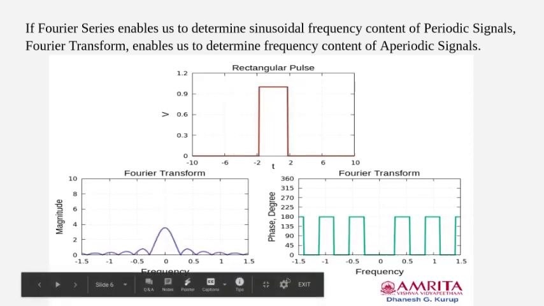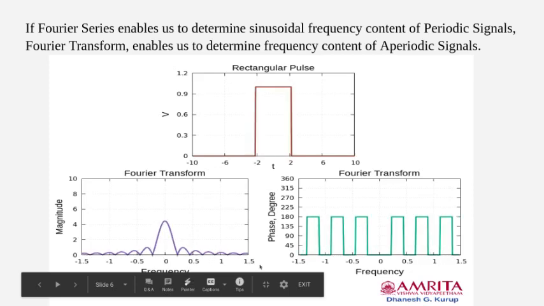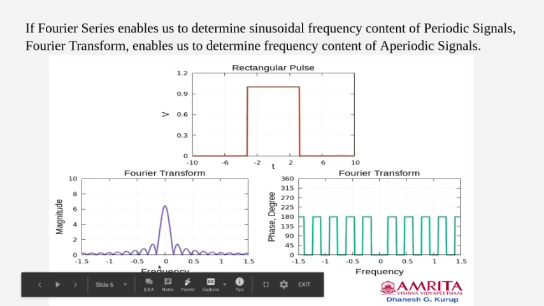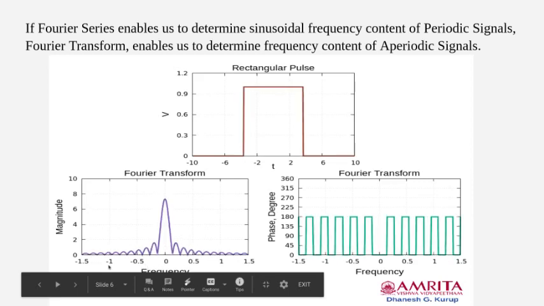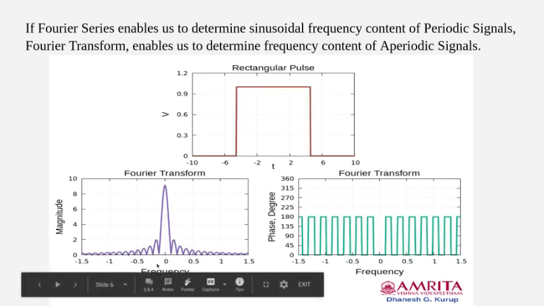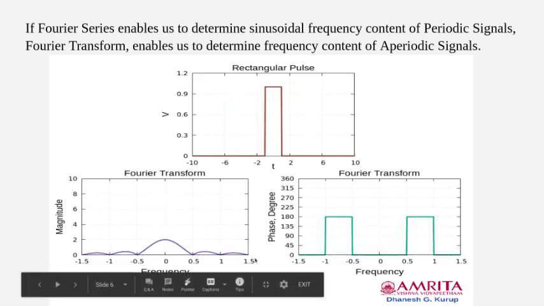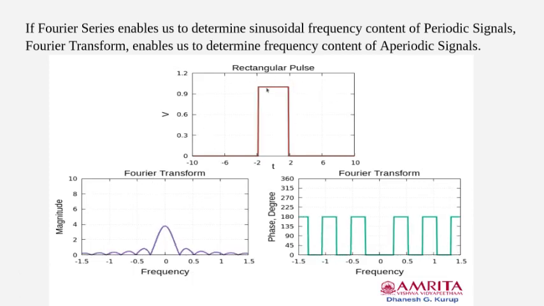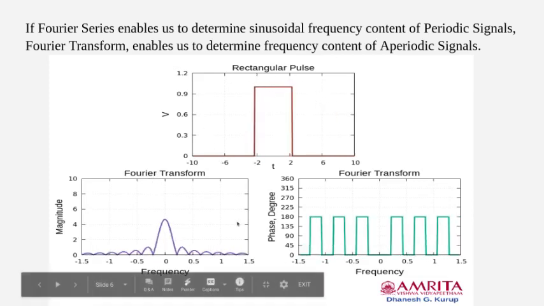Okay, and interestingly, the independent variable is frequency. So the spectrum is a function of frequency. So the Fourier transform enables us to find the spectrum of a time domain, aperiodic signal.